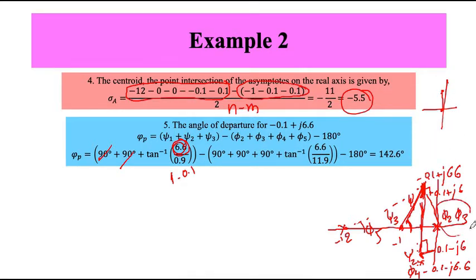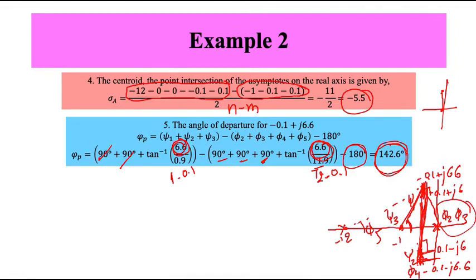For this pole, the height is again 6.6 and the x distance is 12 minus 0.1, so 11.9, and then there is the minus 180 degrees. Calculating, this angle will be 142.6 degrees.